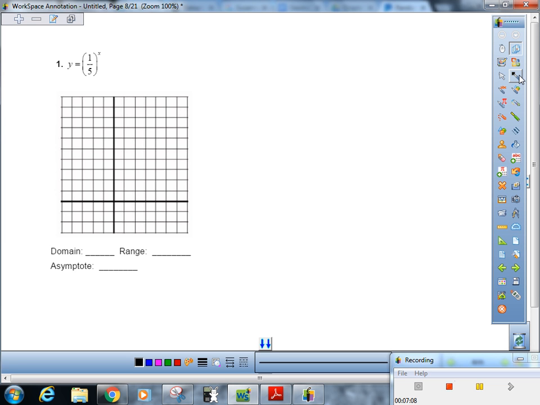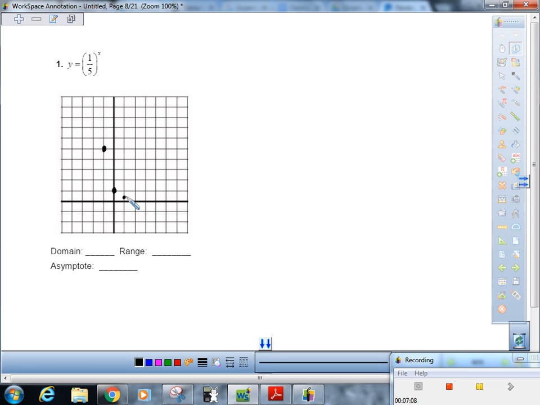On this worksheet, I did not adjust my scale on my axis at all. One of the points is -1, 5. That's a nice easy point to put on there. Another point is 0, 1. And then the other point is 1, 0.2.